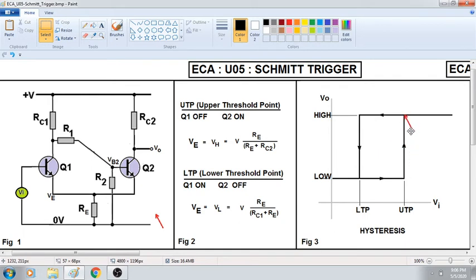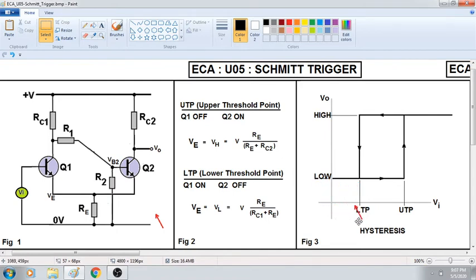So at UTP it will continue to show high at the output, and only when it reaches the lower threshold point, that means Vi crosses, let us say LTP is 2, so Vi must reduce from some 2.1, it must come down to 1.9. At that time the output will go from high to low, and it will remain low for the remaining time.